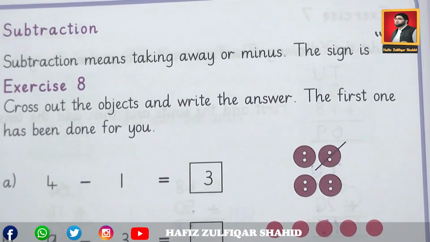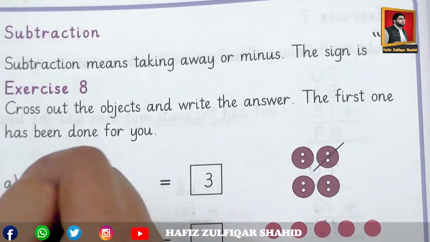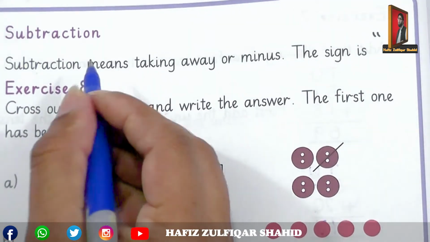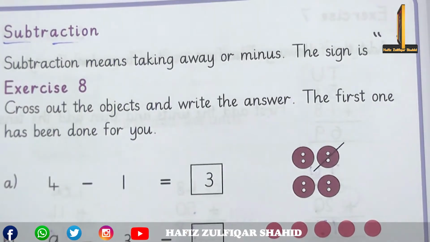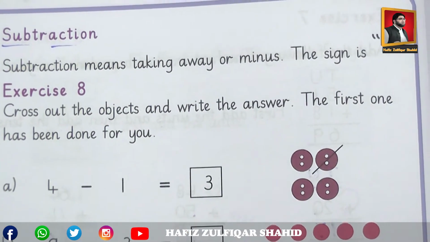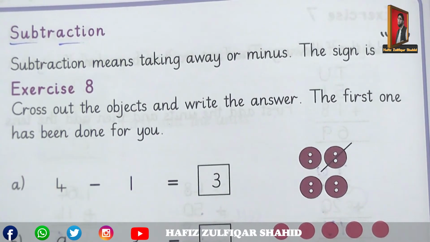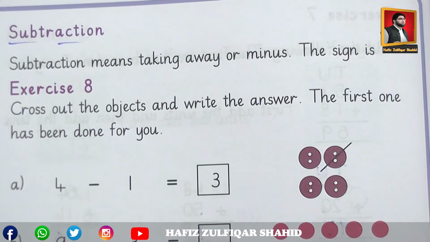And on page number 42, exercise 8, here we have another operation which is subtraction. Previously, students, we have done addition, where we have to add numbers, collect them, count them collectively, and then write answer.